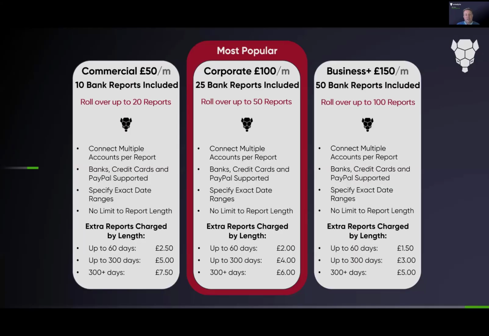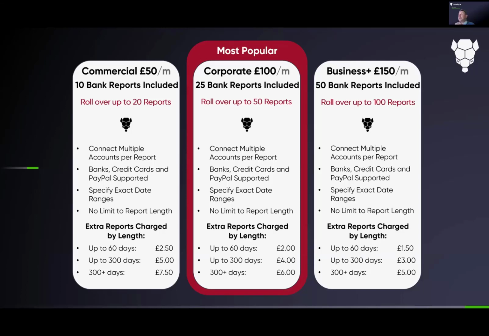In terms of the costs, I thought it might be helpful just to explain it a bit, because it is different from scanning, which is a per page thing. If I go to the middle plan, which is the corporate plan, if you pay £100 a month, you get 25 bank reports a month. Historically, it was use it or lose it. But now what we wanted to introduce to the Mastermind clients was the ability to roll over reports.